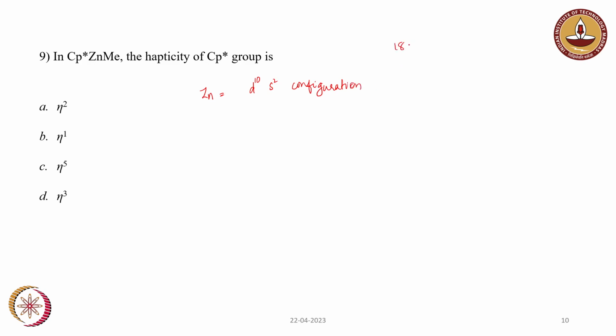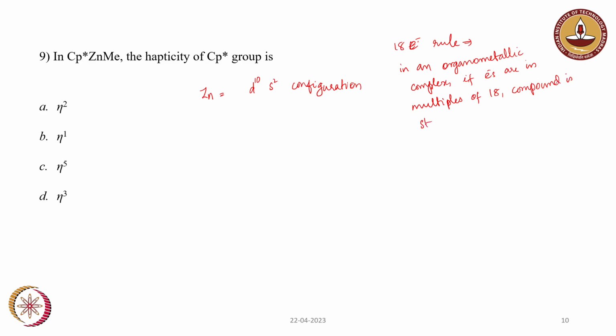So 18 electron rule states that in an organometallic complex, if there are 18 or multiple of 18 electrons, then the compound will be stable.